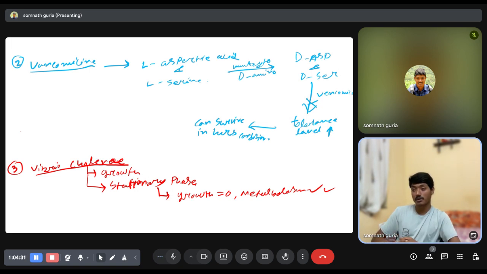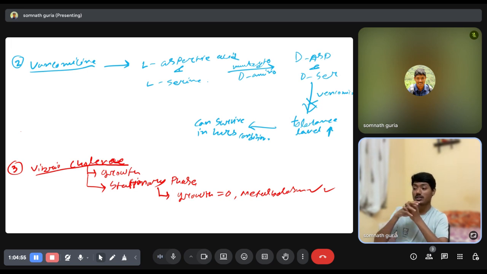When we provide some antibacterial reagent, it doesn't work there. Sometimes we have found that the bacterial cell becomes smart enough to survive in the antibacterial reagent conditions.